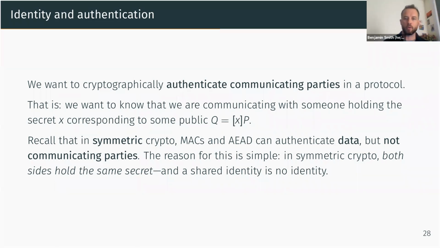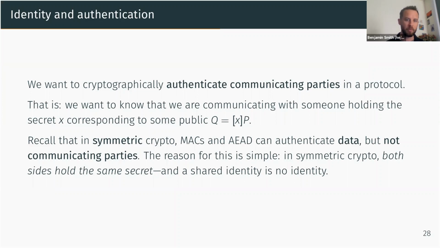Okay, so in symmetric crypto, when we talk about authentication, we have things like MACs. We've got authenticated encryption, and we use this all the time, and it's fast, it's efficient. The thing is, this is going to authenticate data, but it can't authenticate the communicating parties, not on its own. And the reason for this is kind of simple. It's that when you're doing symmetric crypto, both sides hold the same secret.